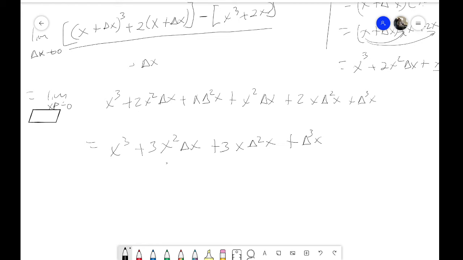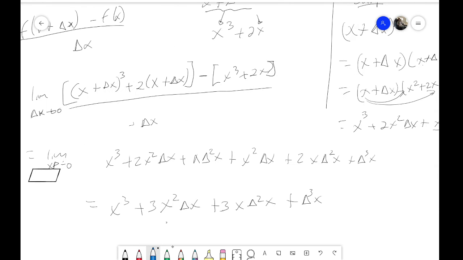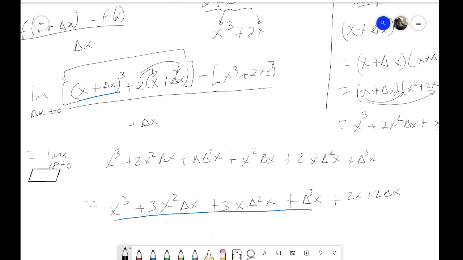Now keep in mind, this whole piece is just this piece. I still have to multiply this, so plus 2x plus 2 delta x, and that takes care of this piece right here.